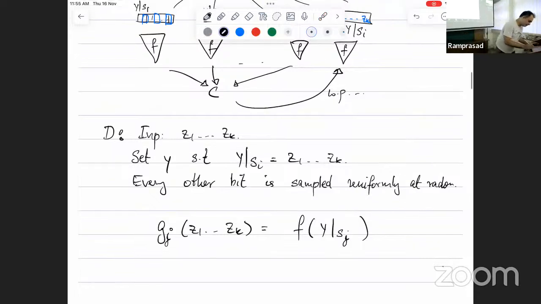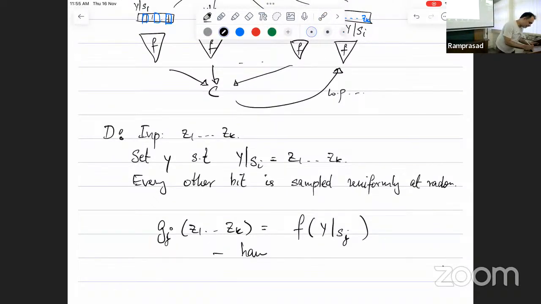Therefore, these have a silly circuit of size at most 2 to the a.